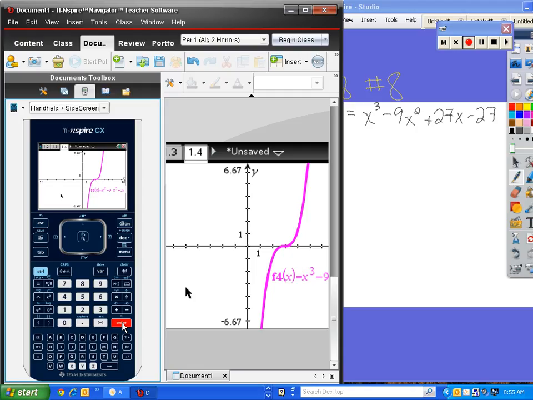Okay, so now I see my graph, and I want to know what is my 0.